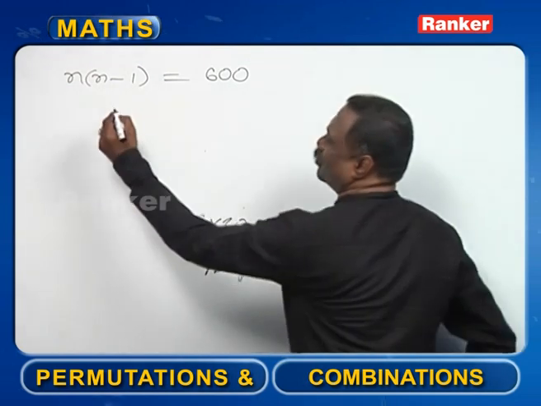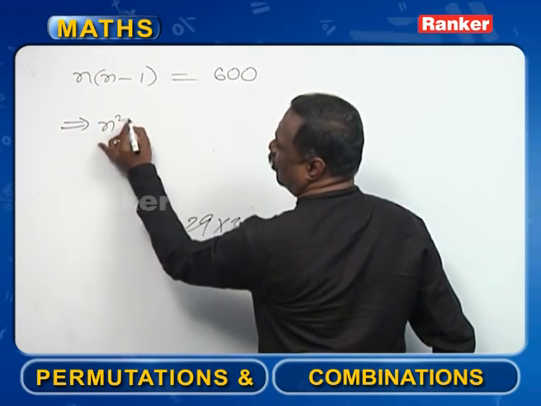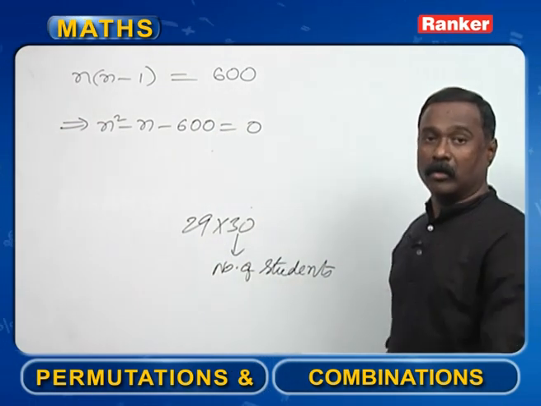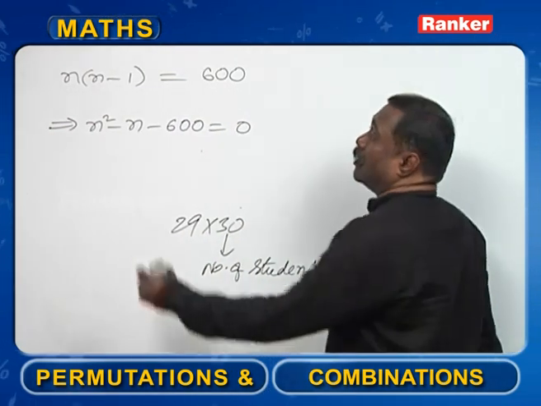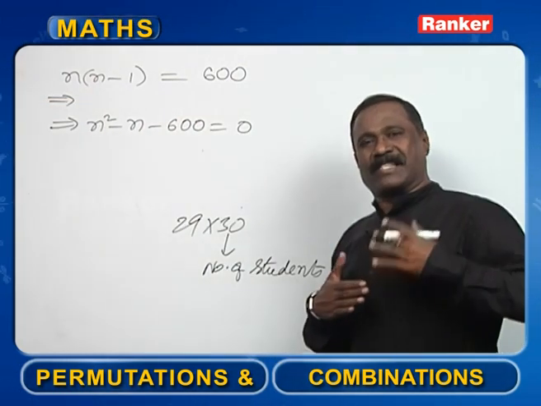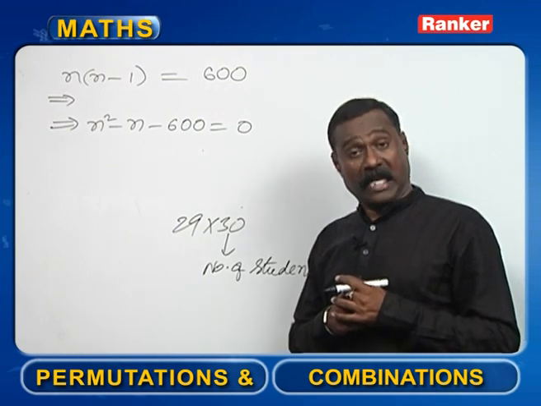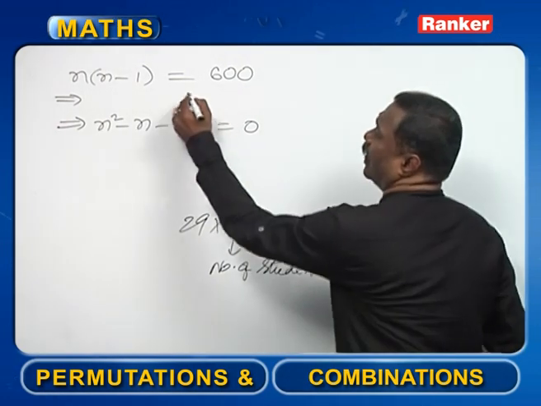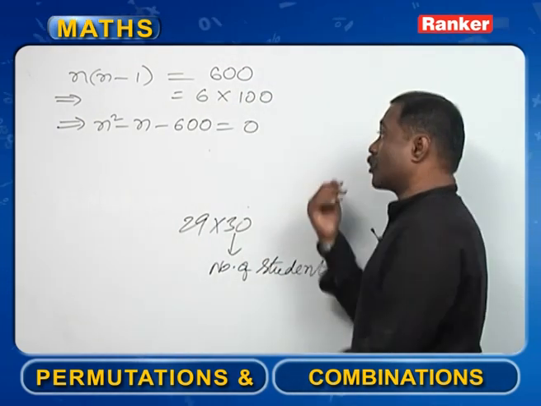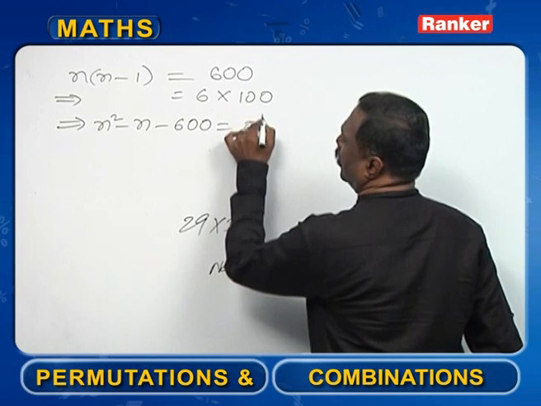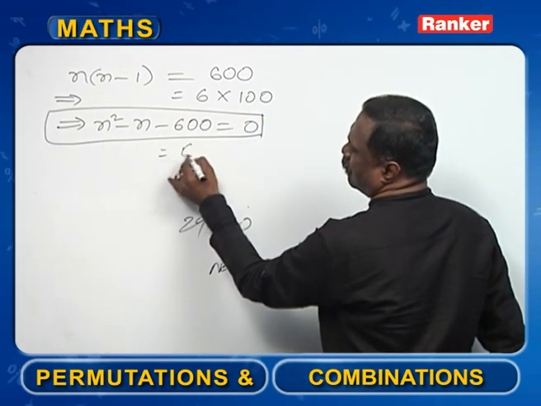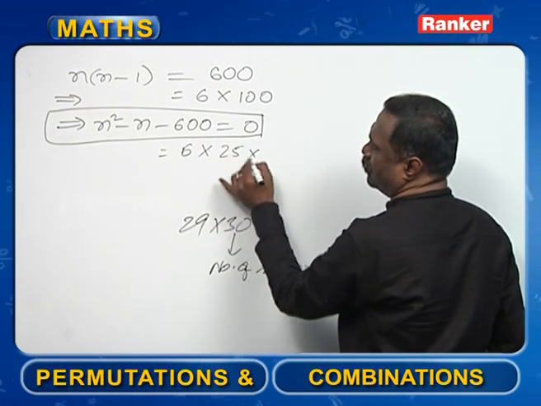You can solve it as a quadratic, or you can even adjust it. But if you see carefully, you have to write this as two consecutive factors. If you write it as 6 into 100, they are not consecutive, so let us split it again: 6 into 25 into 4.